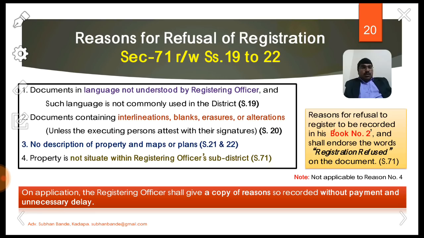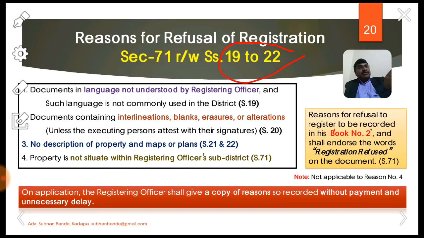Next, reasons for refusal of registration are specified under sections 19 to 22, read with section 71 of the Registration Act. Here there are 4 grounds for refusal of registration by the registering officer.